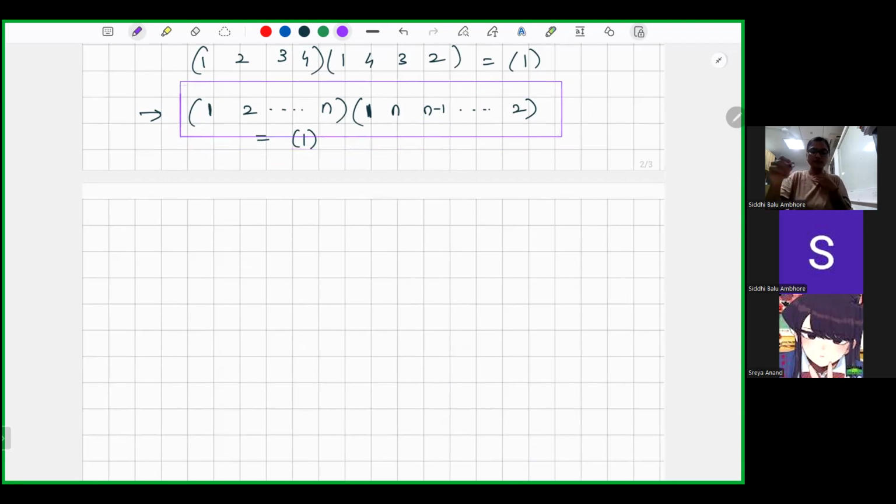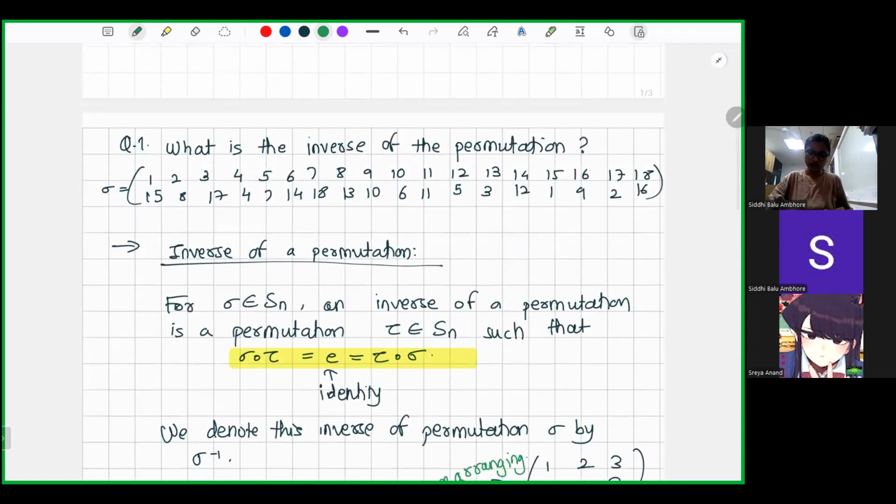Okay, we can try this now. And the cycle representation of this permutation is, okay, where is it? Yes, I'm just copy pasting this here.